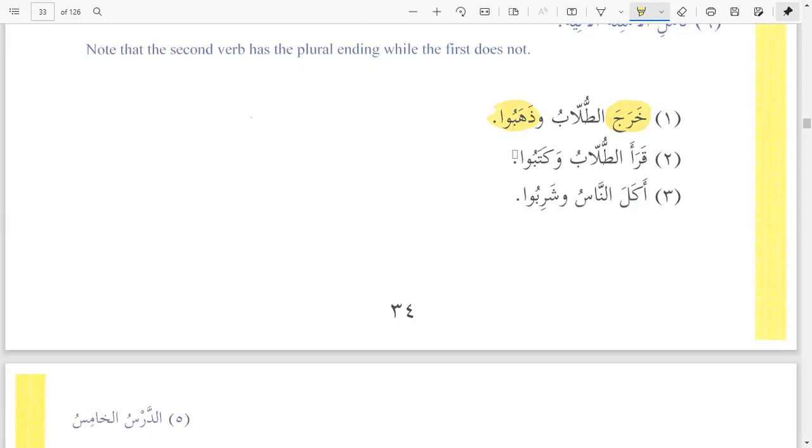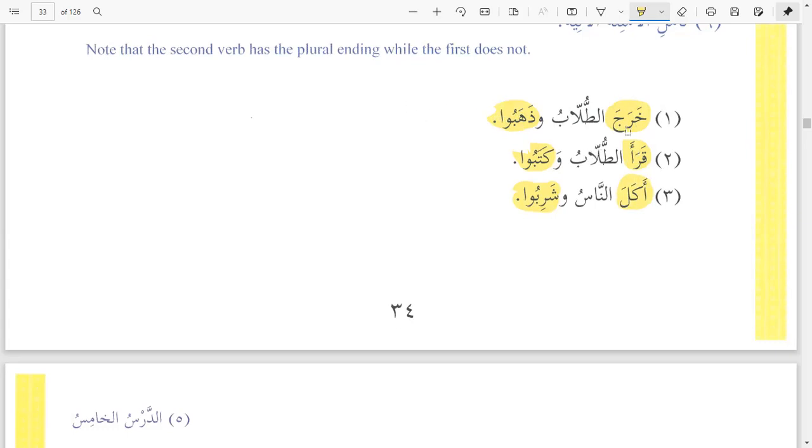Second verb, zahabu, katabu, sharibu, they have the plural ending. While the verbal sentence starting with the first verb, it is singular: kharaja, qara'a, akala. So the first verb is singular and the second verb is plural.